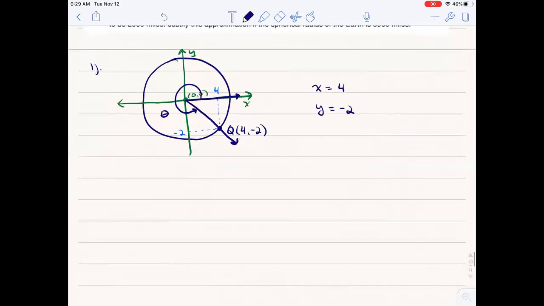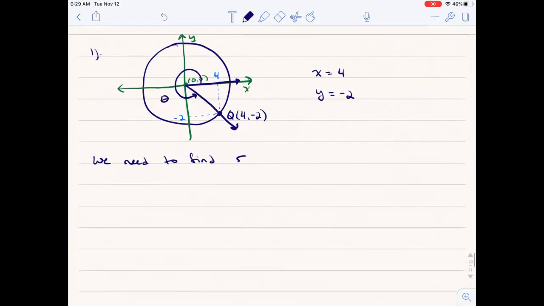So we need to find r in order to solve cos theta is x over r and sine theta is y over r. I know what x and y are. I just don't know what r is.